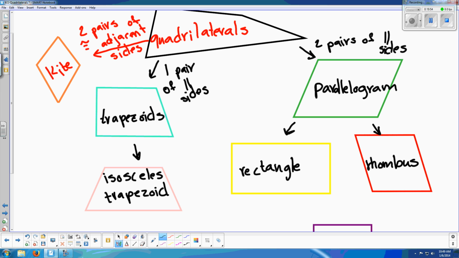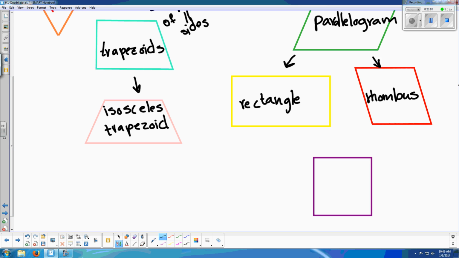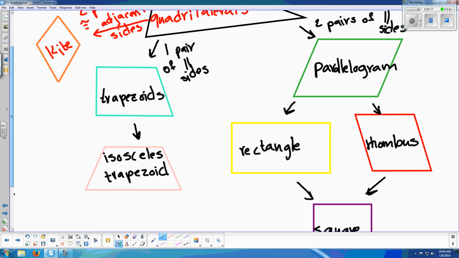And our properties for our square come from both the rectangle and the rhombus. So we have congruent angles and congruent sides, which gives us a square. And this is your quadrilateral family tree.